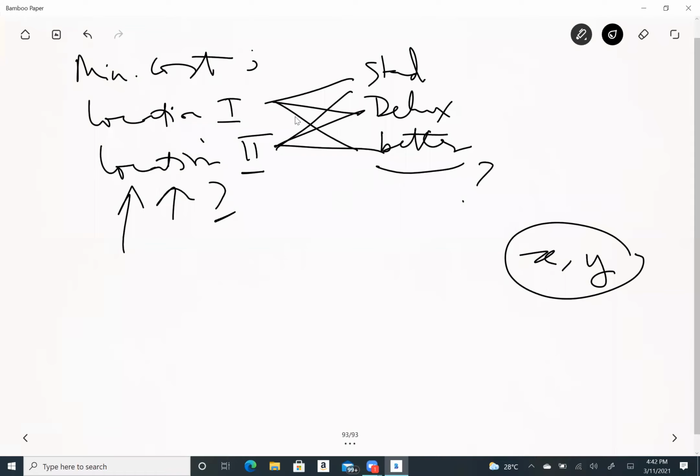Now, what are the variables? You know from the cost, from the objective. What are the variables? Whoever has done it, tell me. I say it doesn't matter, wrong or right, it's fine. We are doing it now. What is your variable?